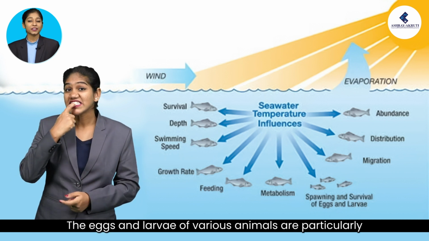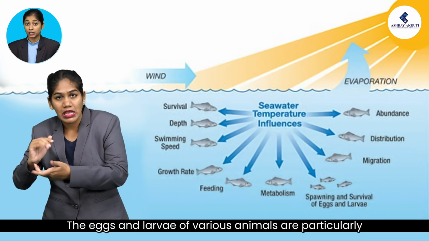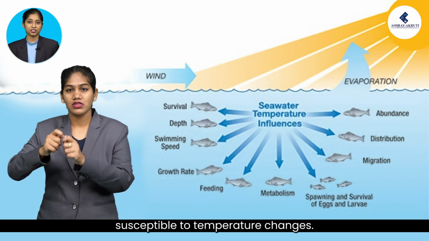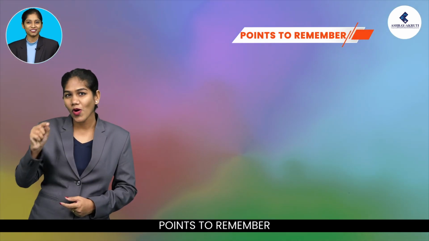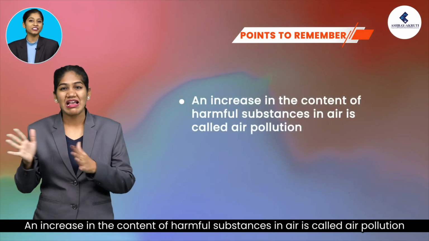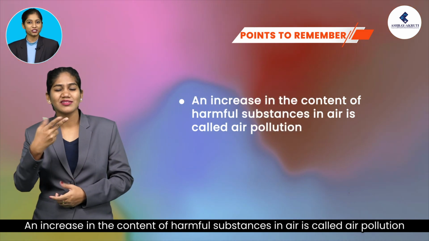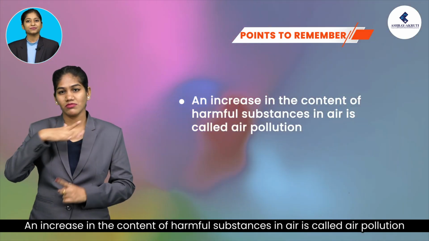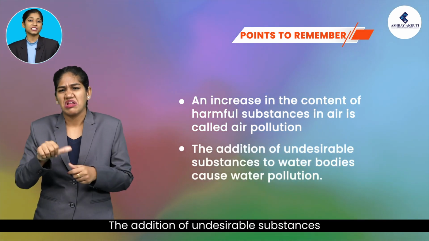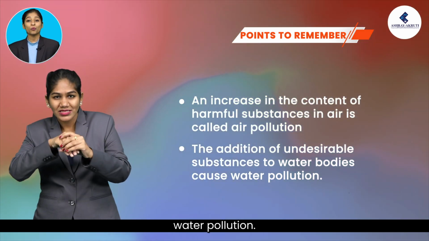The eggs and larvae of various animals are particularly susceptible to temperature changes. Points to remember: an increase in the content of harmful substances in air is called air pollution. The addition of undesirable substances to water bodies causes water pollution.